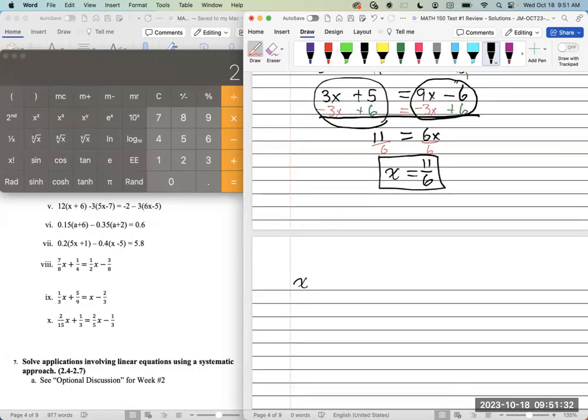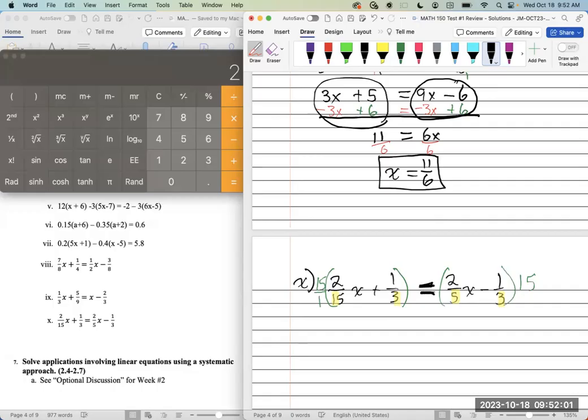Last example. 2/15x plus 1/3 is the same thing as 2/5 x minus 1/3. Looking at my denominators, 15 would be nice to use. If I multiply both sides by 15, my fractions turn into integers.